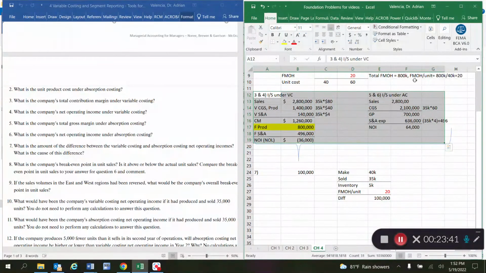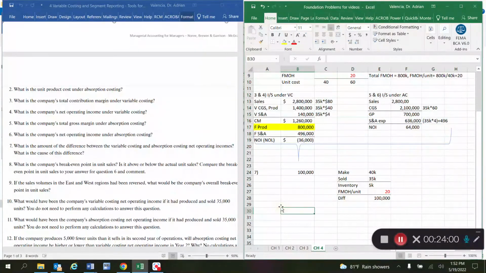Here in our scenario, we produced 40,000 units and we sold 35,000. So the break-even point, you'll see in a minute, does not jive with this. Whereas that issue never arises with variable costing. If you do a variable costing income statement at the break-even point, you will get the zero here every time, the net operating income of 0. So let me explain what I mean there.